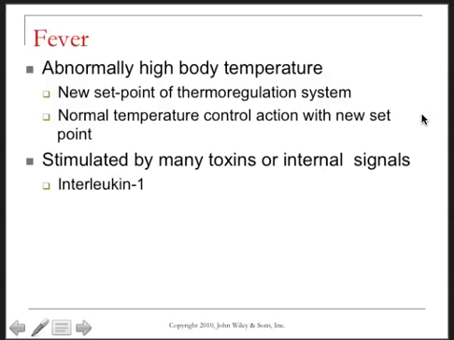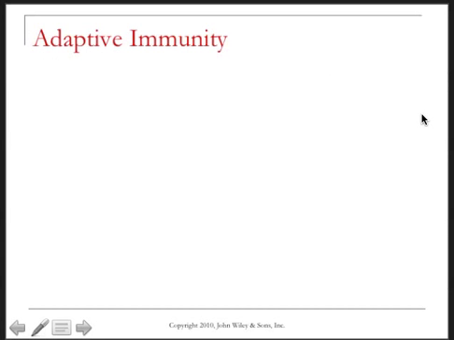Well, it creates conditions that enhance the reproduction of white blood cells, and it also basically cooks out the pathogen, causes it to be too hot for it to reproduce, and as a result, you don't have as many pathogens to battle. So fever is a very important strategy that the body uses to try and rid you of infection.